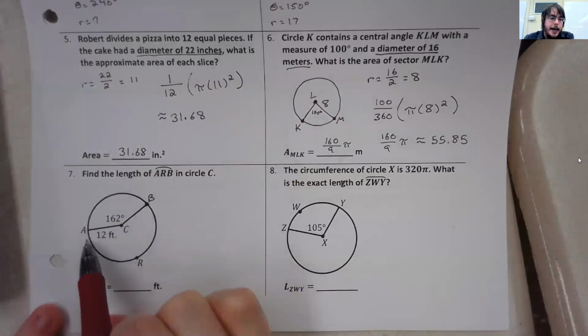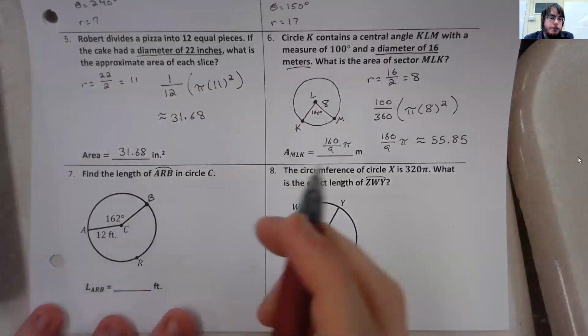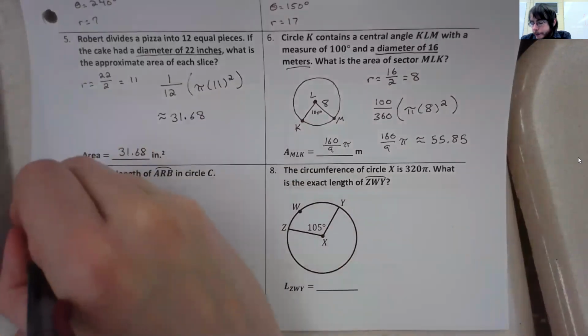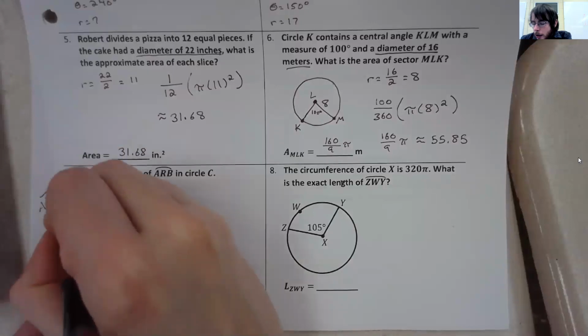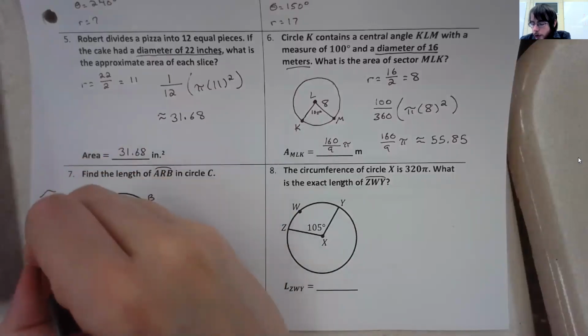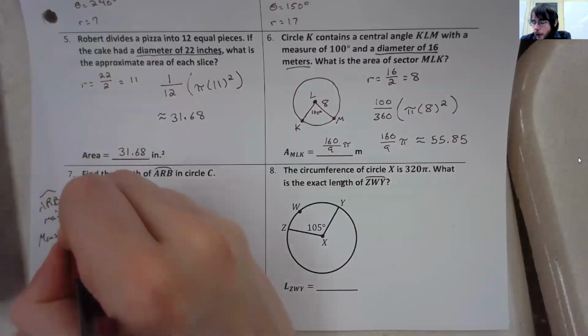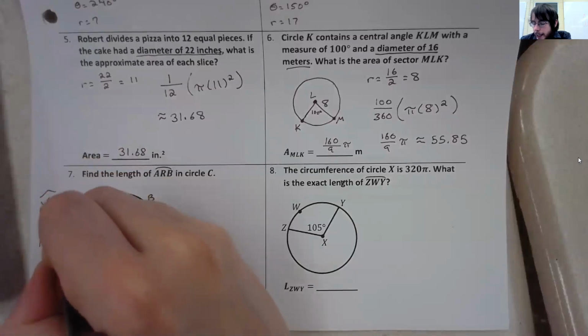Now notice that ARB is a major arc, which means that its degree measure is larger than 180.